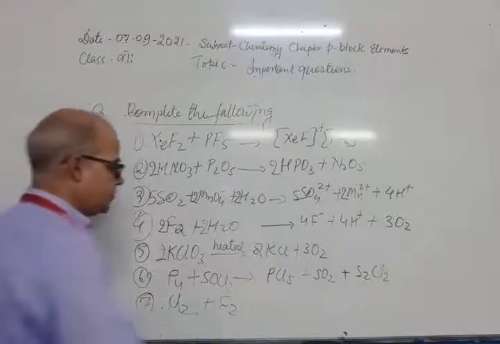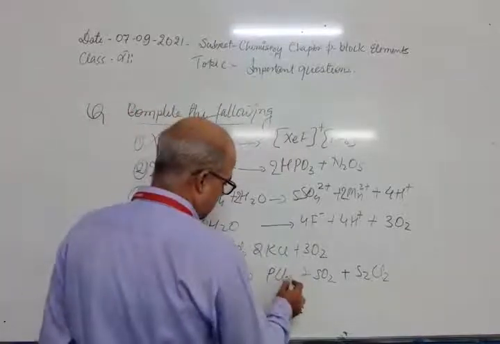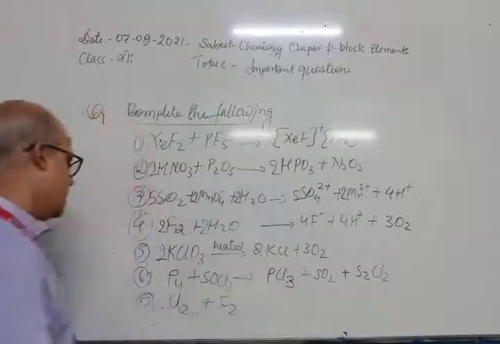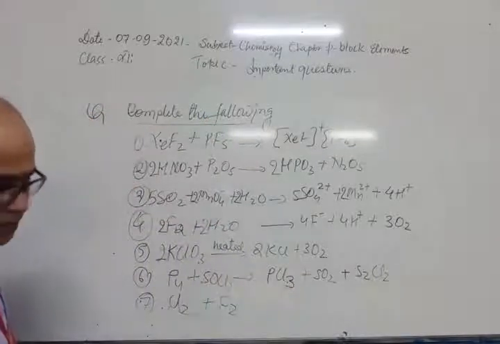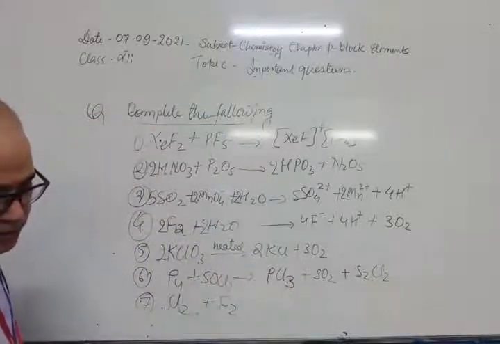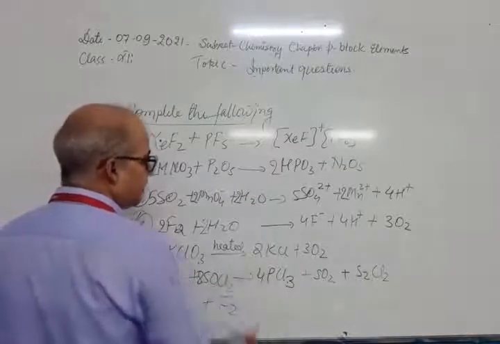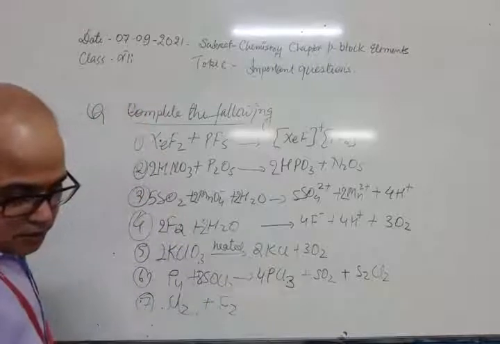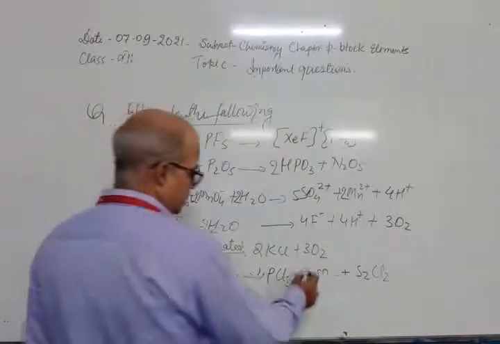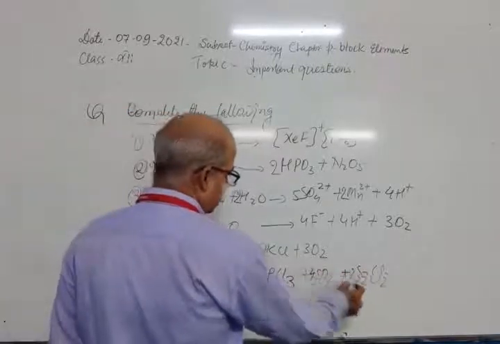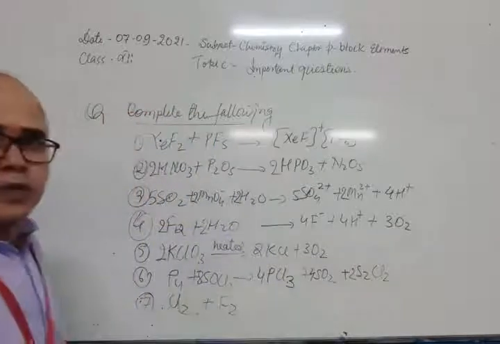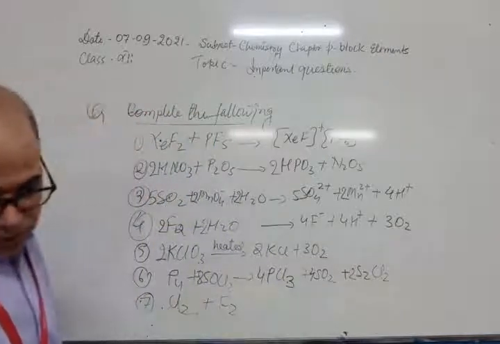Here will be PCl3. Okay. Now how will you balance? Here will be 8, here will be 4, and 4, 2, here will be 4, here will be 2.